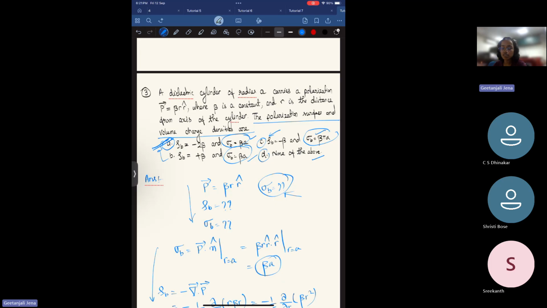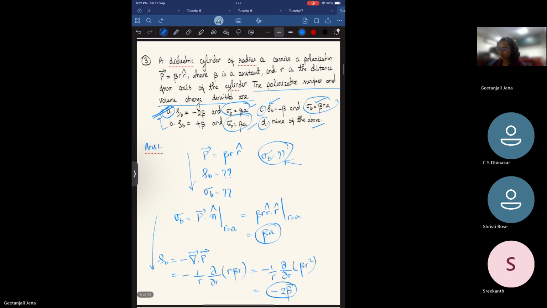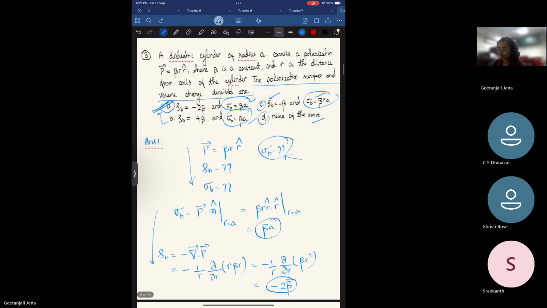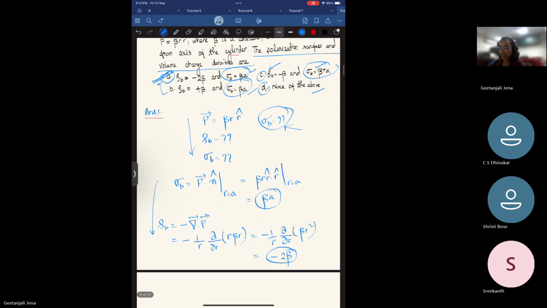So we didn't consider the edge effect. For the time being, we are ignoring the edge effect. Any other doubt?